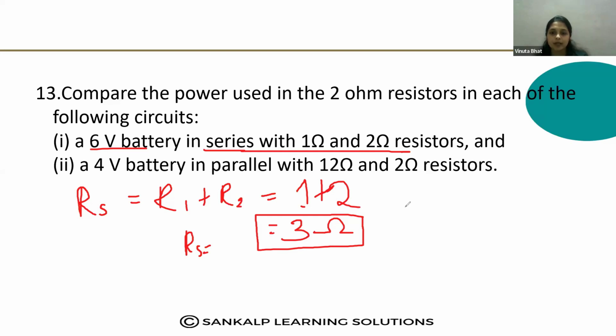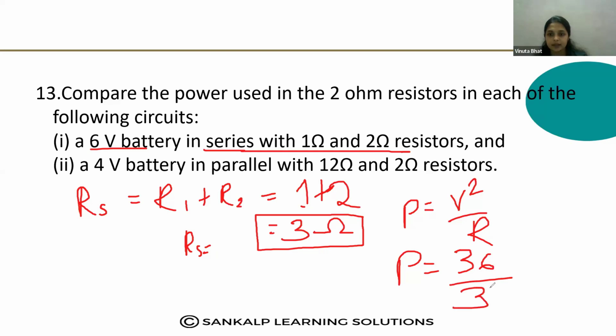Then you can apply the formula P is equal to V square by R. P is equal to V square, that is 6 square, 36 divided by 3. The power is equal to 12 watt. So the first one is 12 watt.